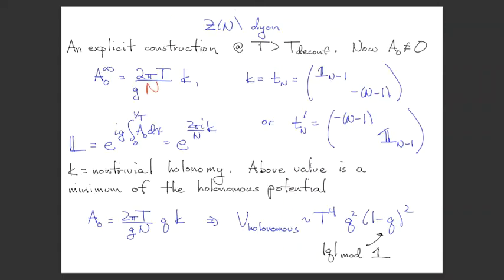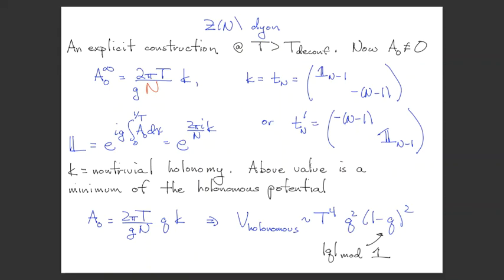I want to show you a different configuration that's perhaps more intuitive. Consider working in the deconfined phase and take a constant holonomy, a constant A naught. I'll choose these factors, and this is some matrix that's related to a Zn matrix. If I compute the thermal Wilson line, I get an element of Zn.